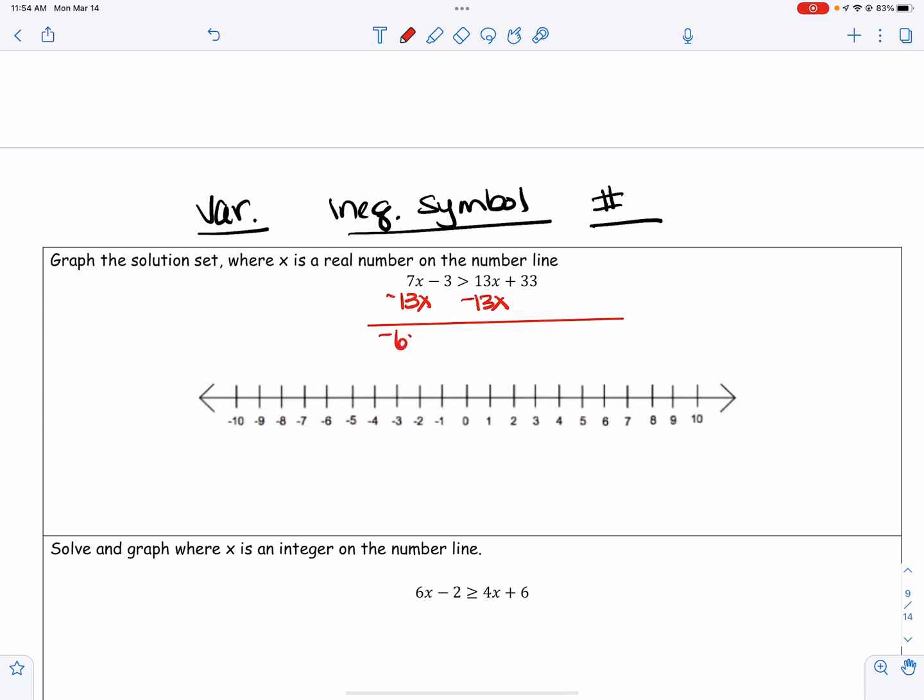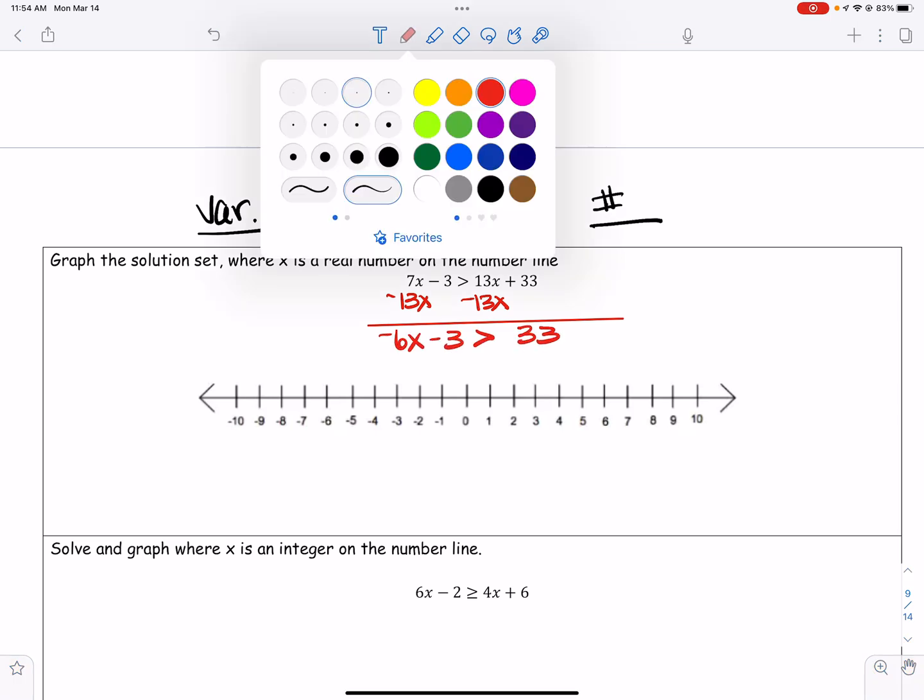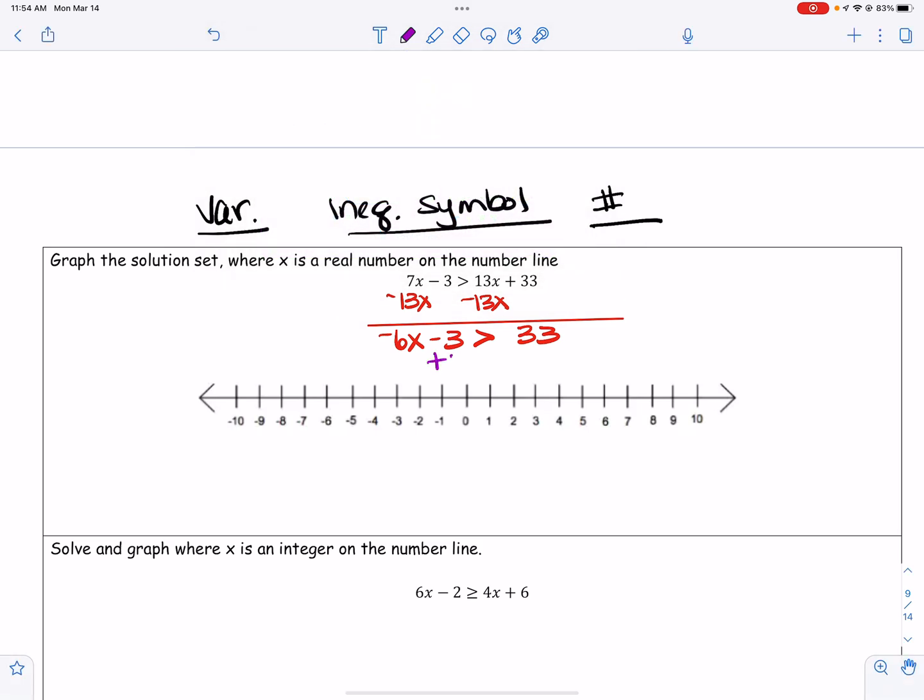That gives me negative 6x minus 3 is greater than 33. And then I'm going to add 3 and come up here. And so now I have negative 6x is greater than 36. I'm going to divide by negative 6.